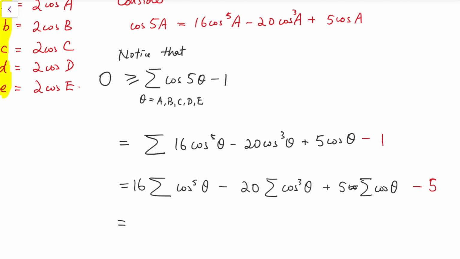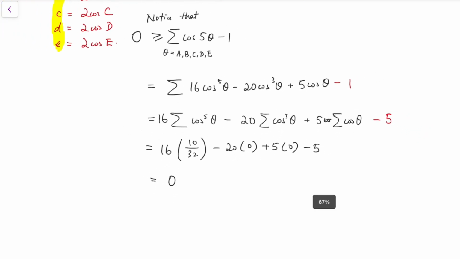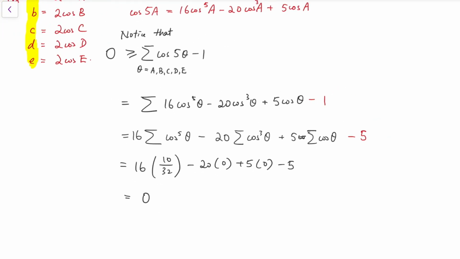Simplifying, the first sum on the fifth powers is equal to 16 times 10 over 32 minus 20 times 0 plus 5 times 0, and then finally minus 5. And somehow this is equal to 0. So we've established an inequality, but for the other side, somehow it's also 0. So that means for the inequality that we set earlier, equality has to hold.